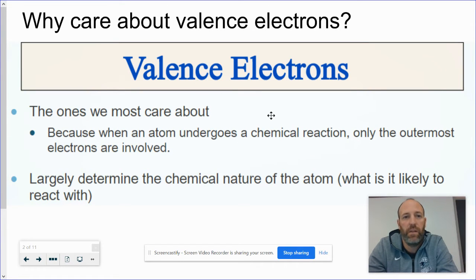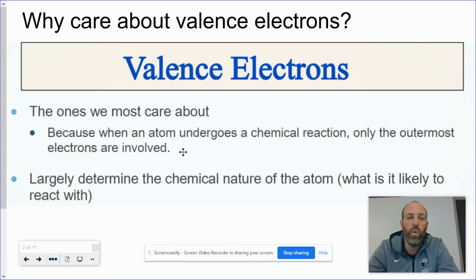Why do we care about valence electrons? This is why we had families like the alkali metals, the noble gases, halogens. It's all due to valence electrons. So it's the valence electrons that essentially stick together. So water forms water because of its valence electrons. We're held together by a bunch of elements based on our valence electrons.